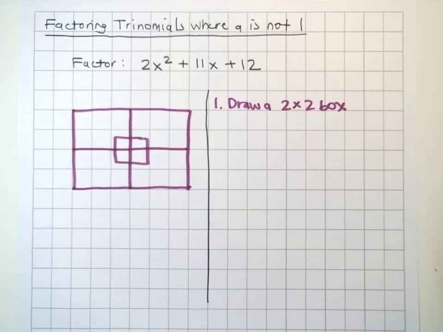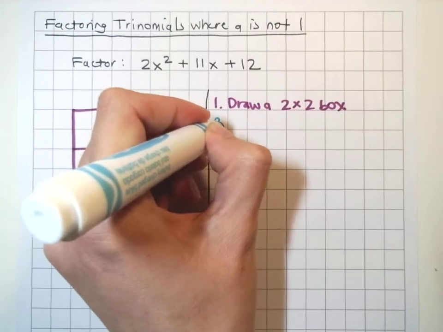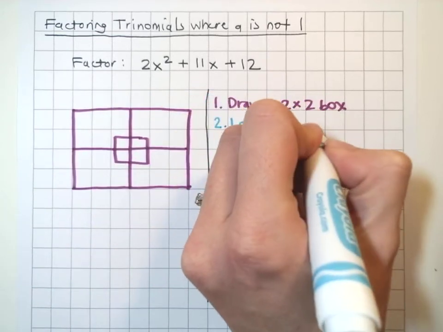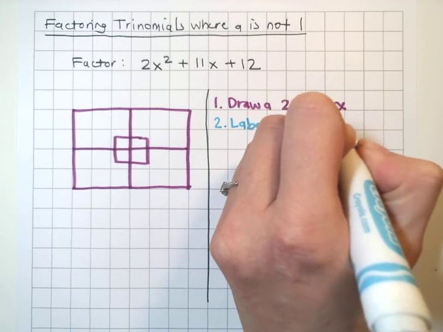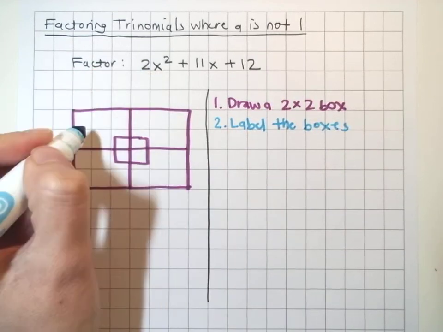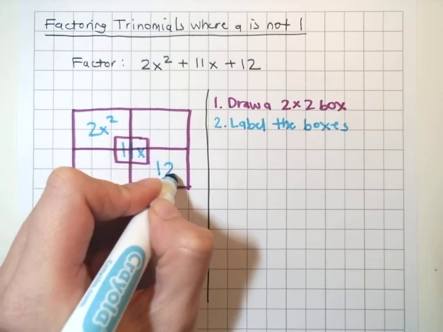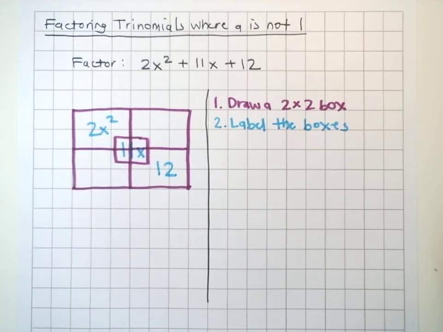Then we are going to label the boxes. So 2x squared, 11x, and 12, just like you've been doing.